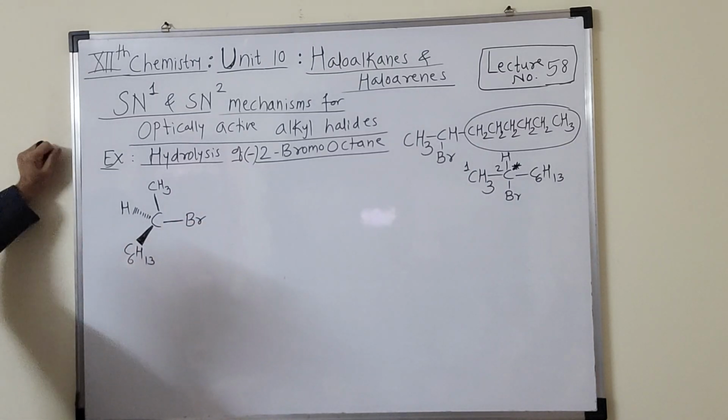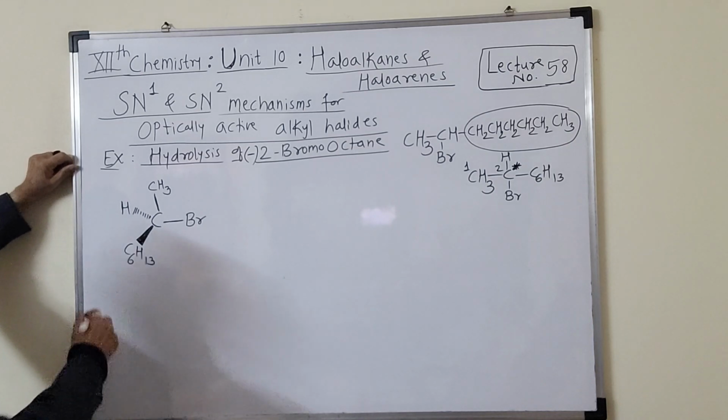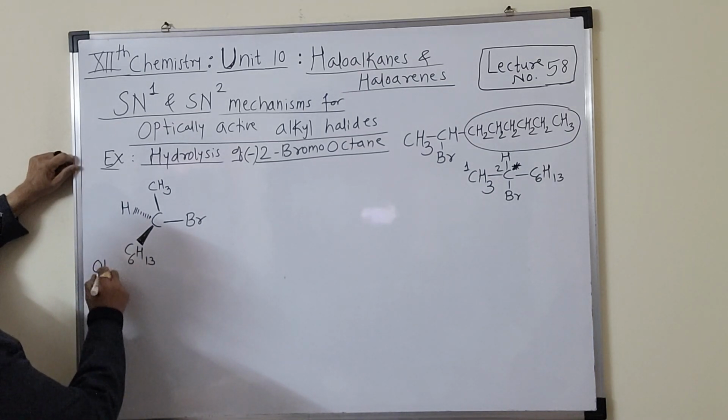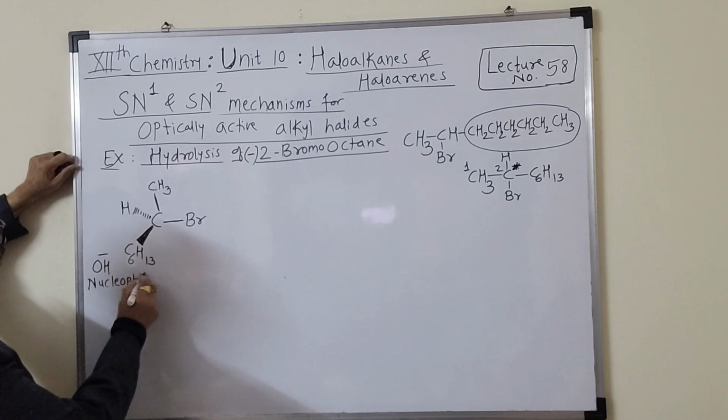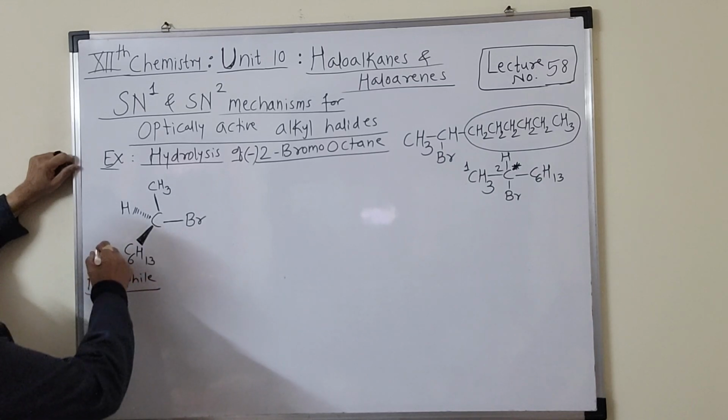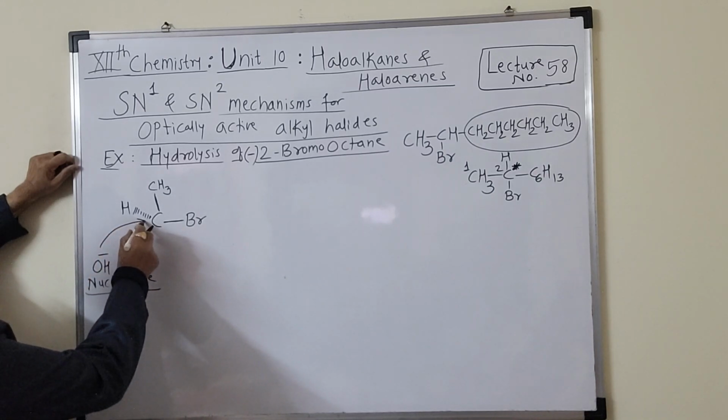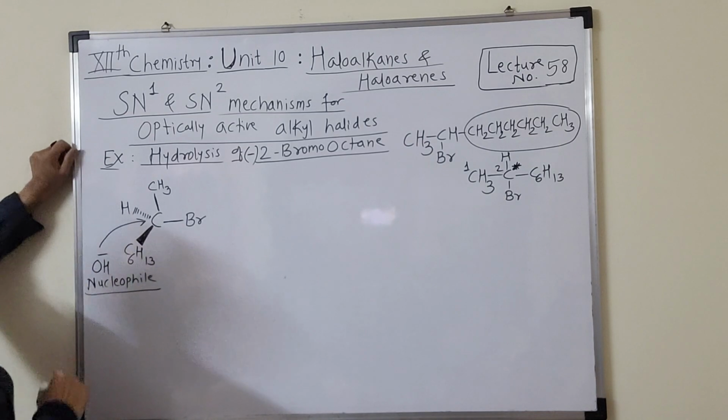Now here, if it is reacted with aqueous KOH, then the OH minus ion nucleophile will have a backside attack, and that is okay. There is one bulky group but still there is space here, and this will show backside attack.